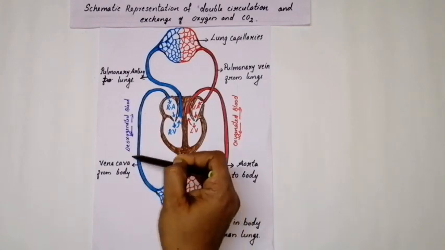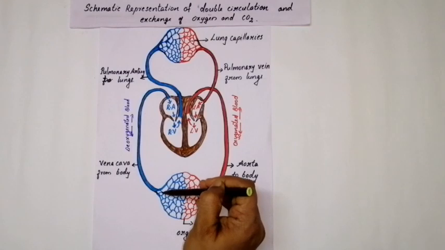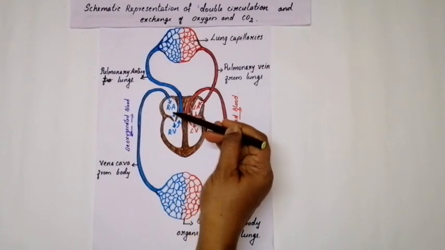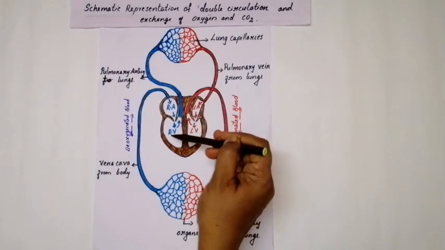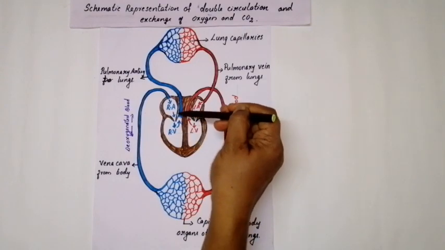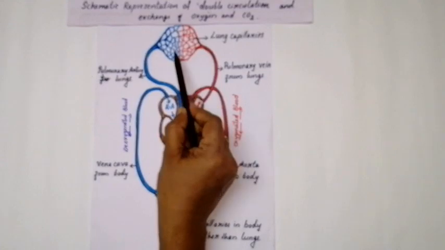So the deoxygenated blood from all parts of the body, from the capillaries present in the body organs, is collected through the vena cava and reaches the right auricle or right atrium, and from the right atrium the deoxygenated blood enters into the right ventricle, and from the right ventricle it is carried through the pulmonary artery to the lungs.